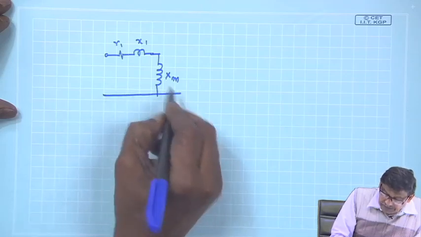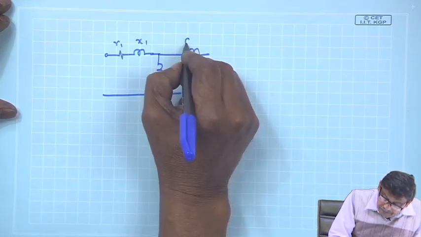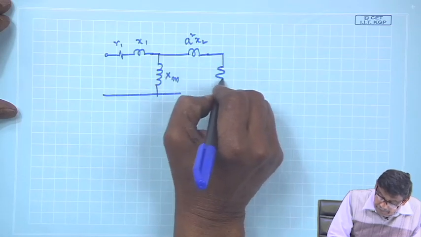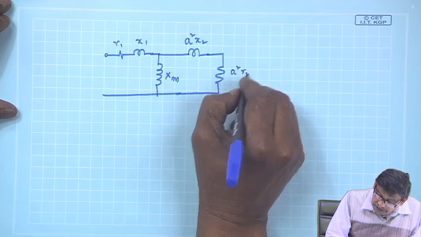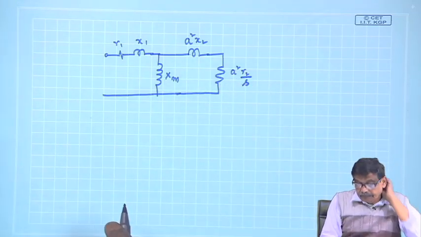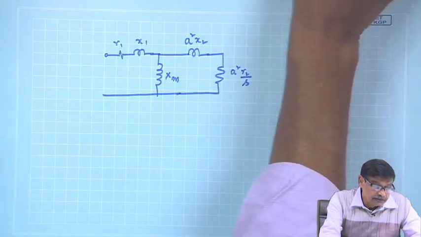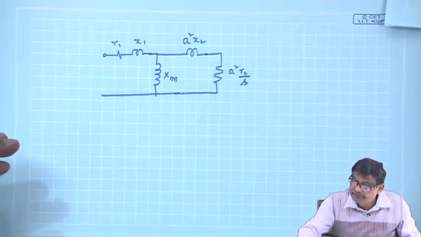Referred to the stator, it will be S square X2 and S square R2 by S. Why? Because these frequencies are the same. Now, in the stator and rotor in this imagined motor, these are the same frequency.